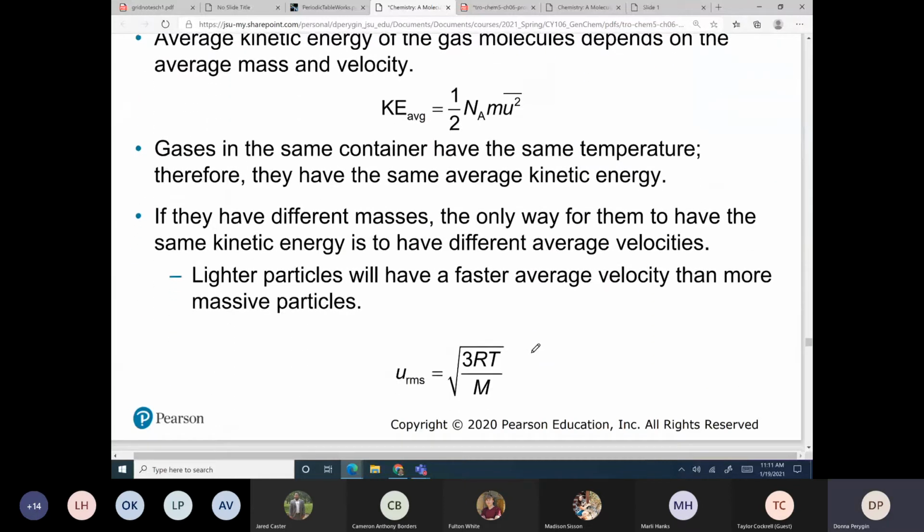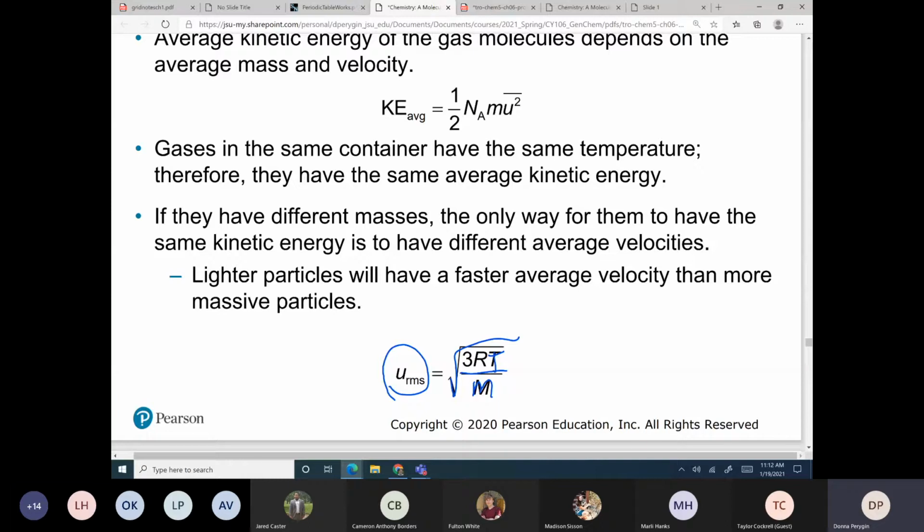All right, so we have this formula here, and I don't really want to go through the derivation of this, but the root mean square of basically the kinetic energy is equal to 3 times the gas law constant times temperature divided by the molecular weight, okay?